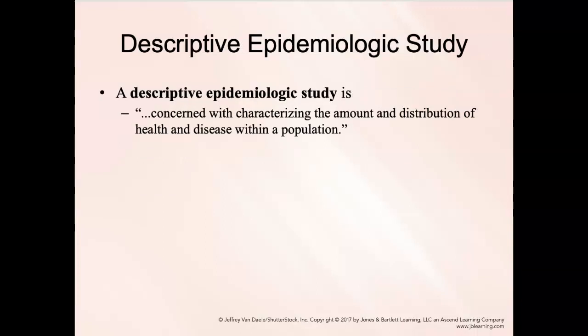In descriptive epidemiology, we're thinking about studies that are primarily focused on characterizing the amount and the distribution of health and disease within a given population. They are describing the burden of disease within a population and trying to characterize that.